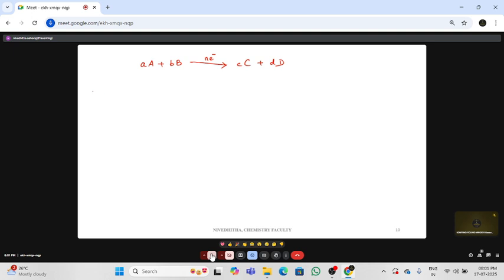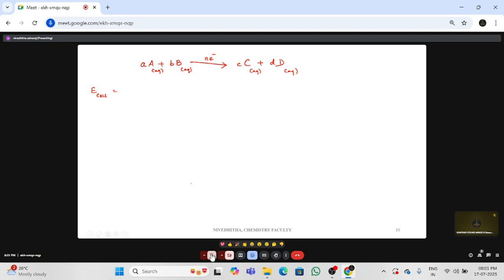Is it possible for us to write the Nernst equation? All the chemical species are in aqueous medium. Could you please tell me the Nernst equation? What is the formula?